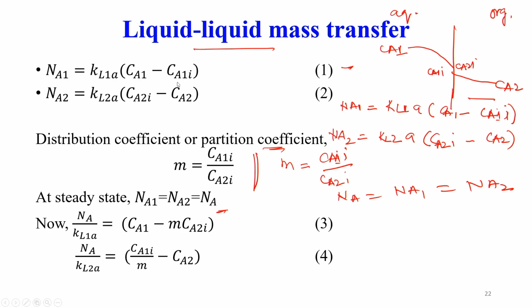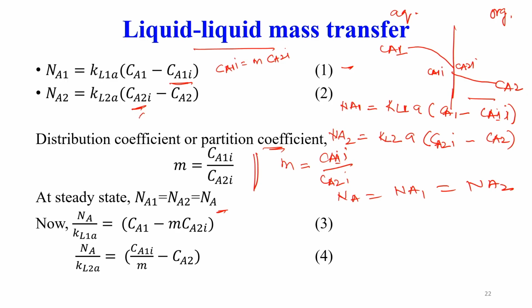we can convert this Ca1i will be Ca1i equals M into Ca2i, and here what we can do, this Ca2i we can convert in form of Ca1i.